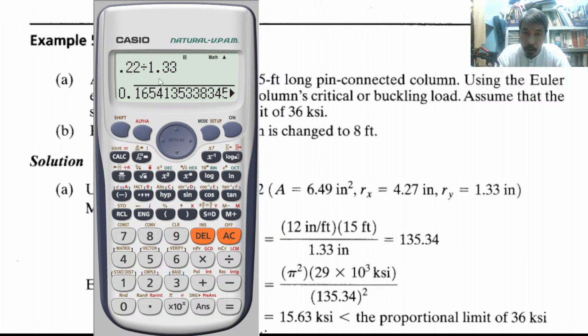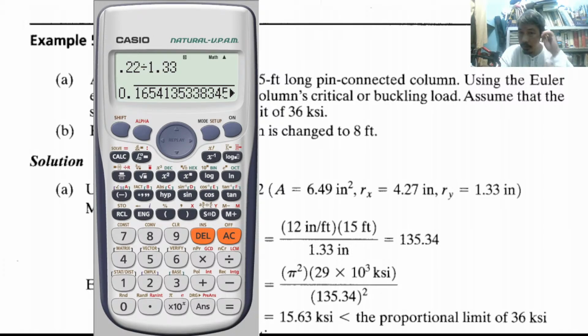And therefore you have to better use the formula for finding out R: inertia divided by area, then square root.